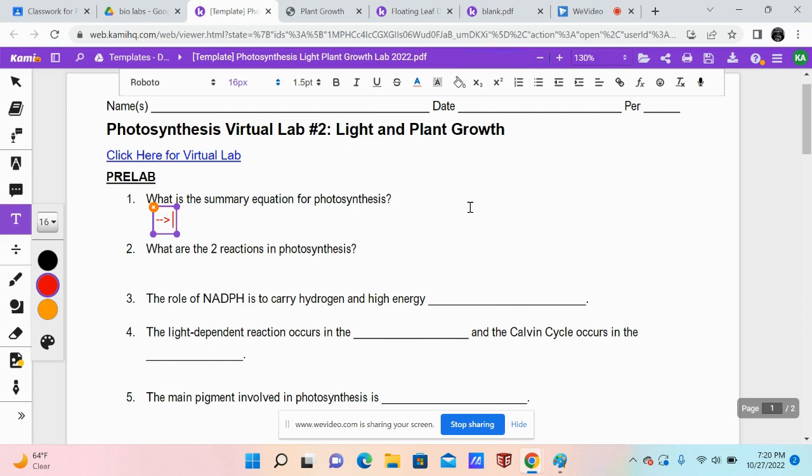So once again, it's 6 CO2 plus 6 H2O, arrow, C6H12O6 plus 6 O2.